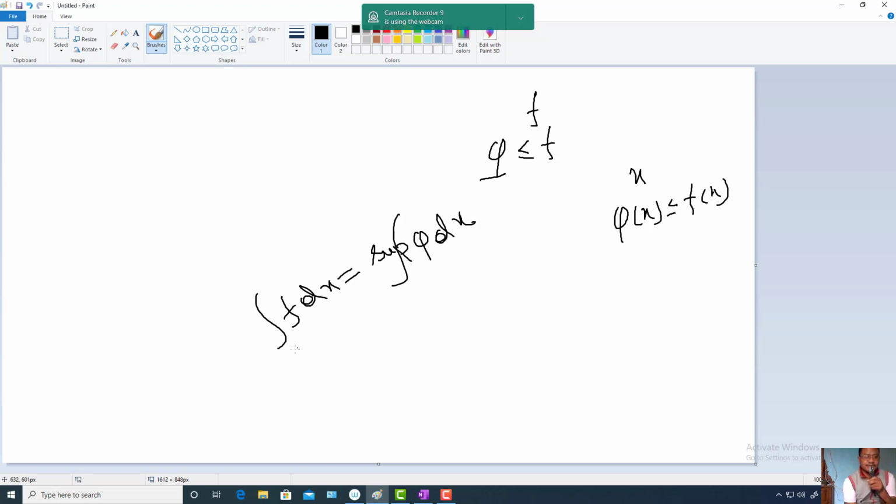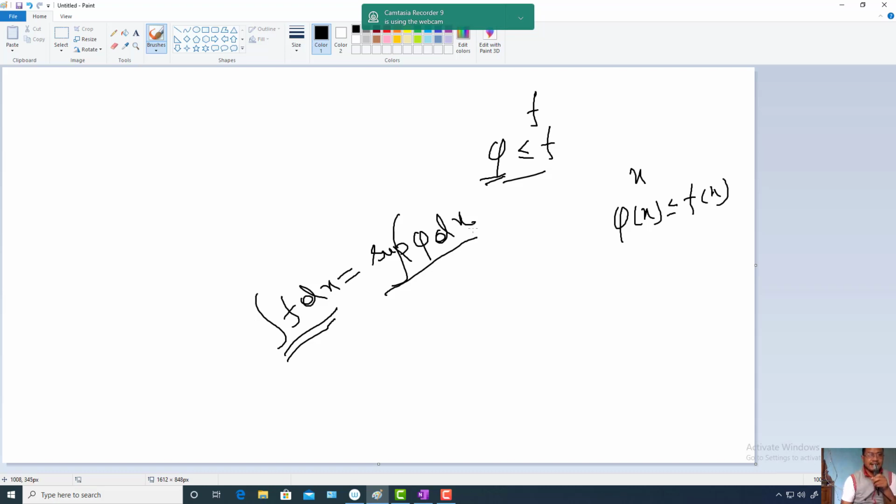This is called the Lebesgue integral of the non-negative measurable function f, given by the supremum of integration phi dx, where the supremum is taken over all simple measurable functions less than or equal to f.